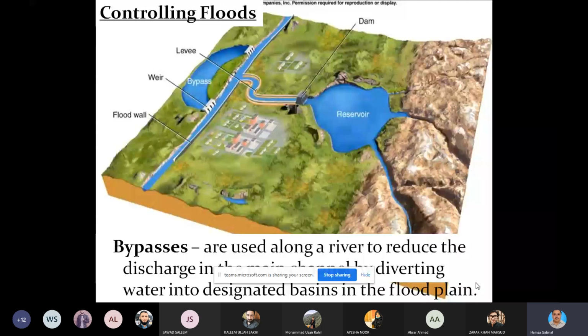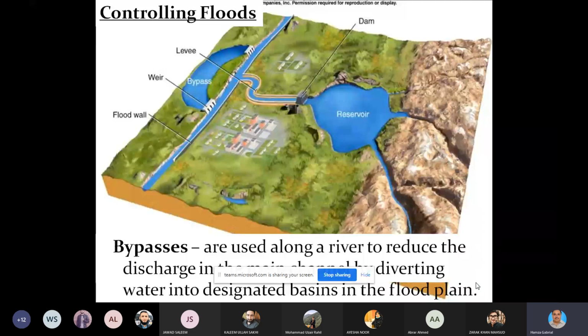In the figure, you can see where the flood water is diverted into the bypass channel, and then after the passage of the flood it can again be disposed of in the main channel. So floods can be controlled by construction of bypass channels as well. So these are some of the structural measures.